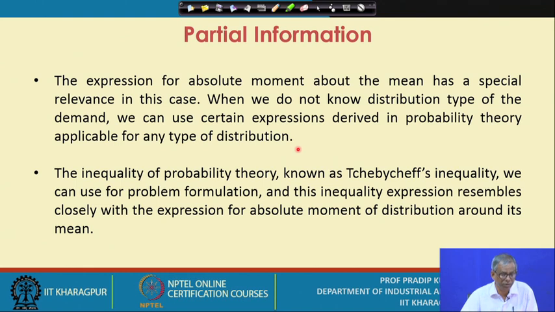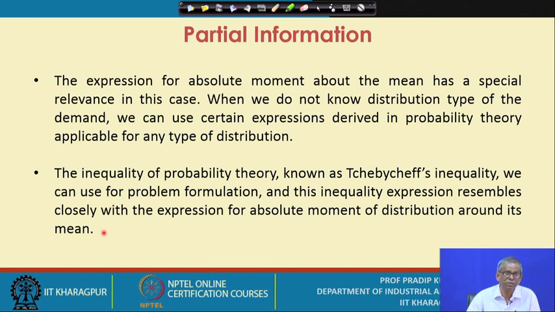The inequality of probability theory, known as Chebyshev's inequality, we can use for problem formulation, and this inequality expression closely resembles the expression for the absolute moment of a distribution around its mean. That's why specifically we have referred to the absolute moment around the mean, that is lambda r.